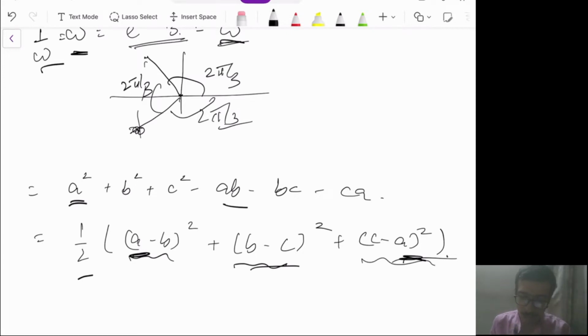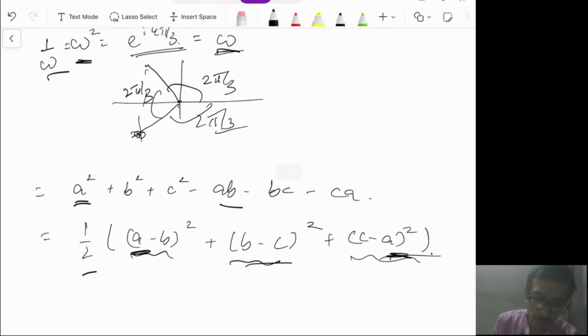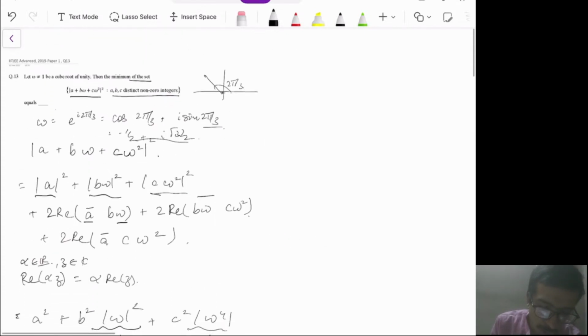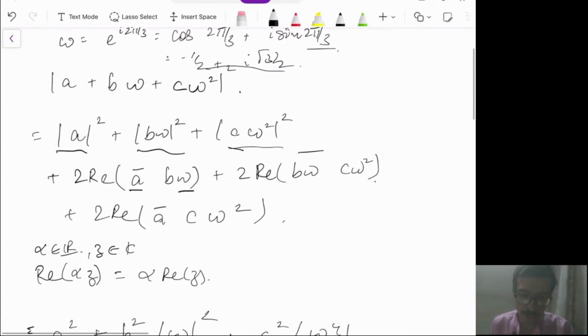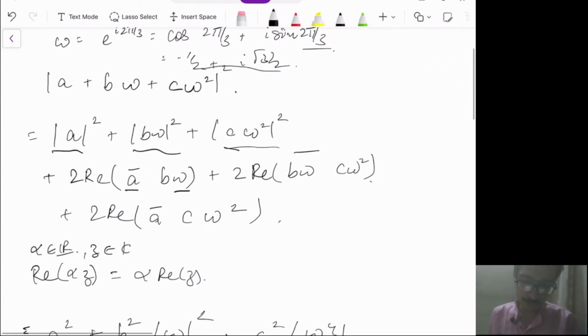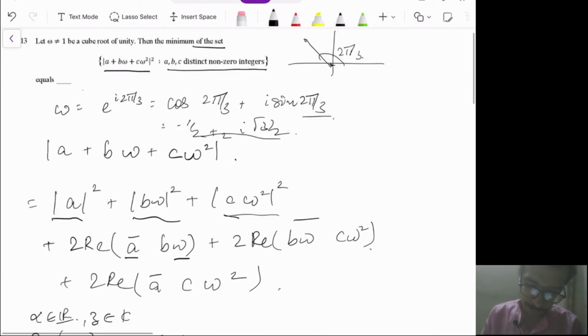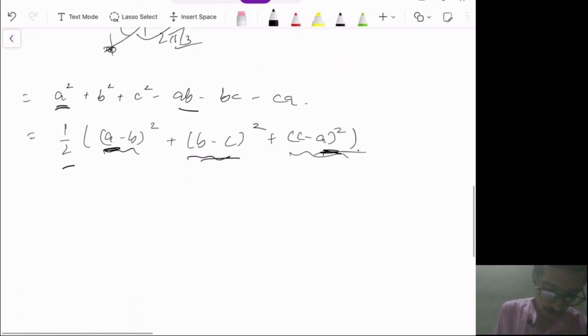So here you can check that all these terms are going to be positive. And if I have to minimize this expression over non-zero and distinct integers, then it makes sense to choose these integers to be consecutive values, right? So suppose I choose them to be 1, 2 and 3, which are consecutive values, then this is my a minus b, b minus c, and then a minus c.